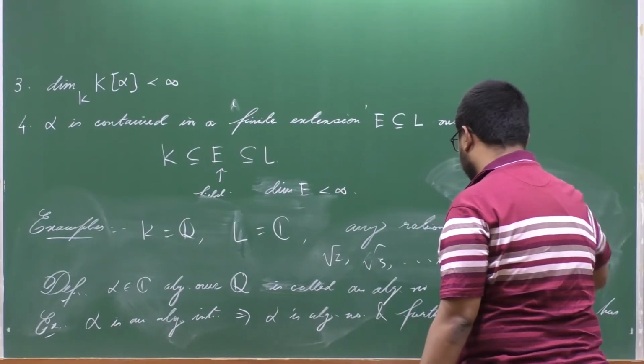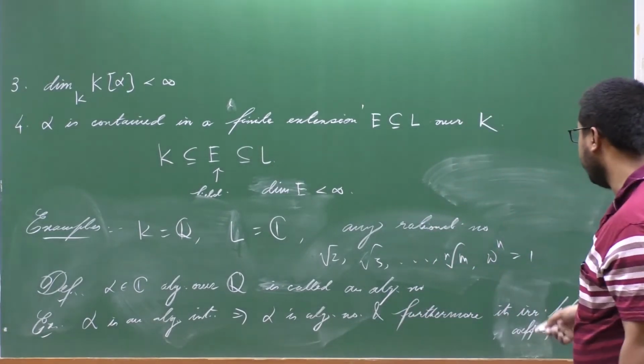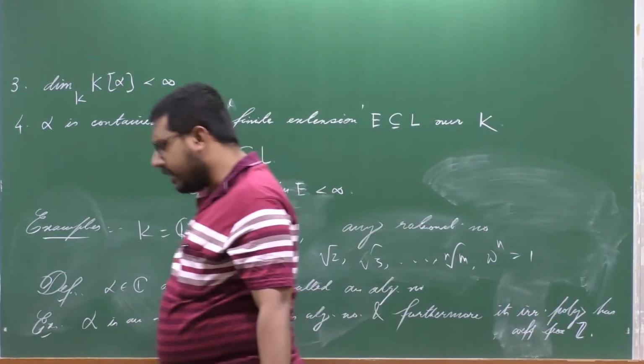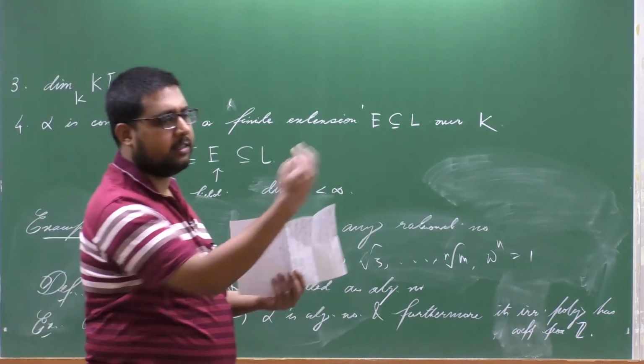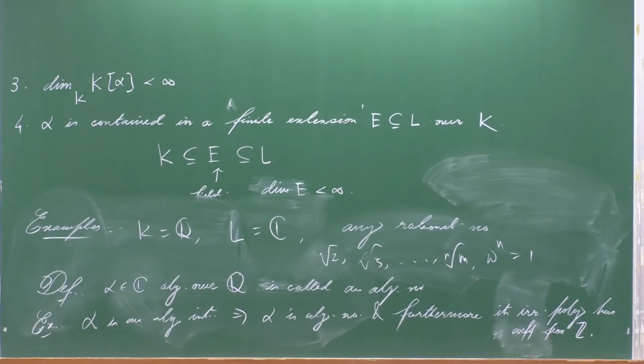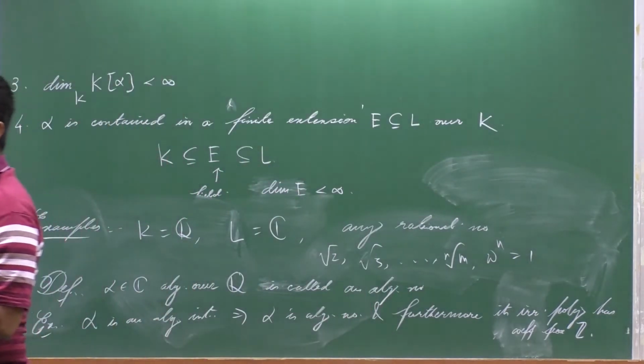So these are common examples of algebraic numbers. Further examples are of course several roots of unity. These are all algebraic numbers. For our purpose, it will be enough to stick to subfields of C. Any subfield of C automatically contains Q, so it can be regarded as an extension of the field of rationals.